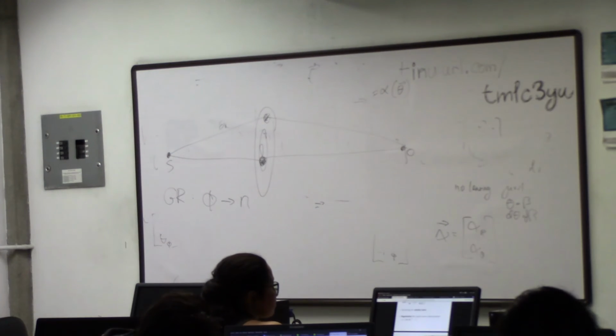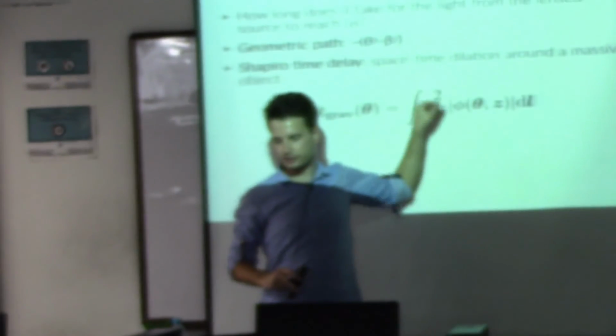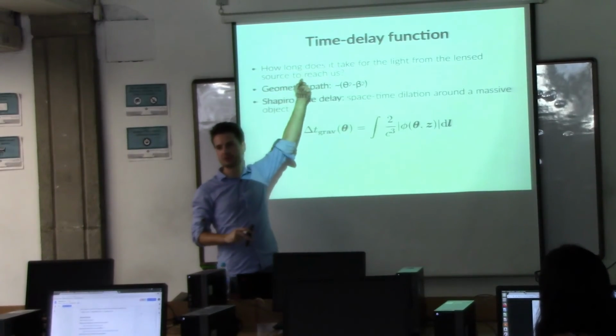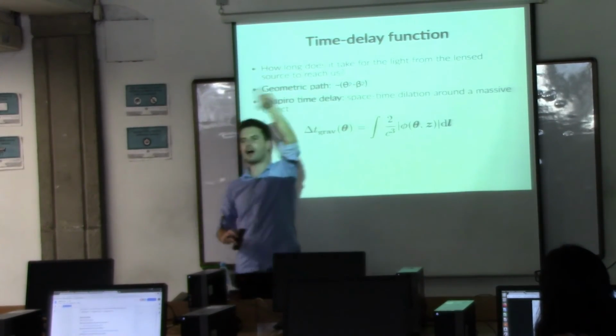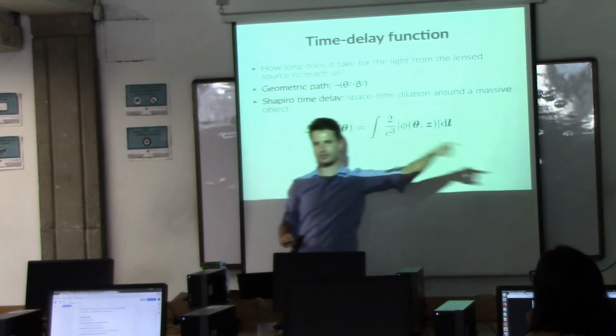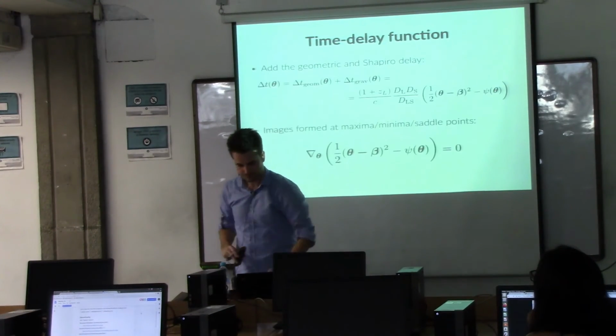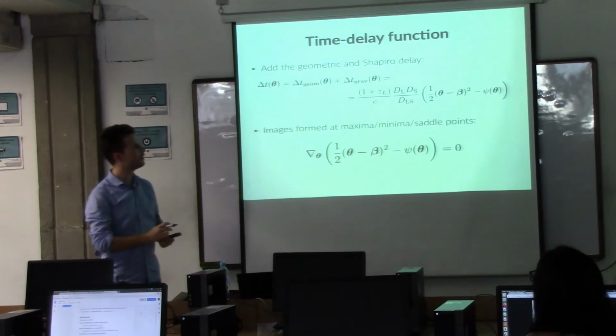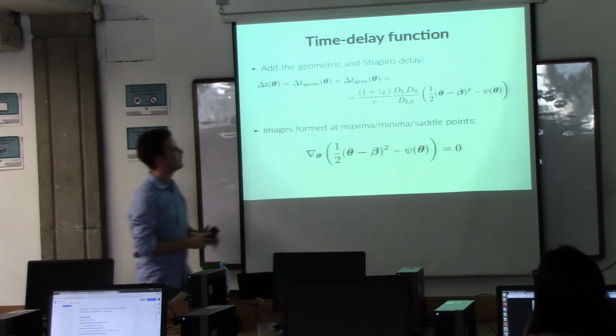And so all we have, the light travel time, is basically a combination of this gravitational time delay, which is related to the strength of the potential, and a pure geometrical consideration: how long is it from the source to the image position to the observer. So you can combine these two.